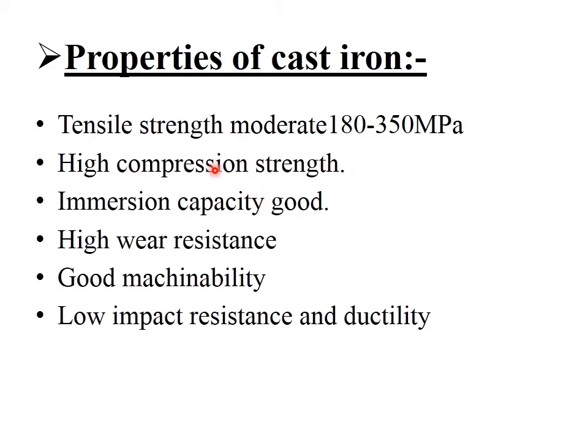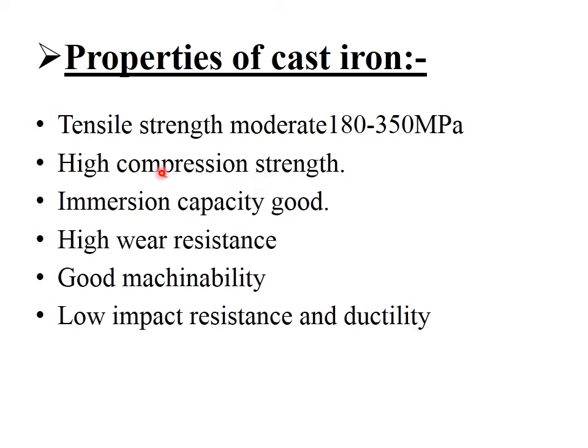Now remember, the compression strength is required when you are looking to absorb some shocks under the applications, right? So when you are looking for good damping properties, damping means good shock absorber, then cast iron is used.